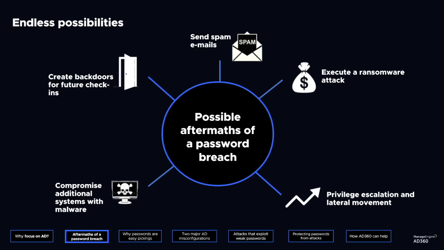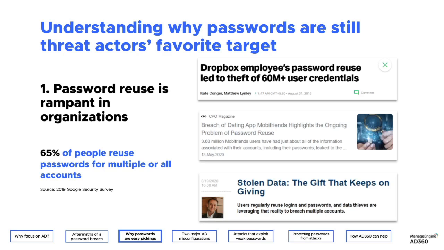So as we go about this, it is important that we understand that password compromises are the easiest way that an attacker looks for to get into your organization. And hence, passwords are probably the attacker's most favorite target.